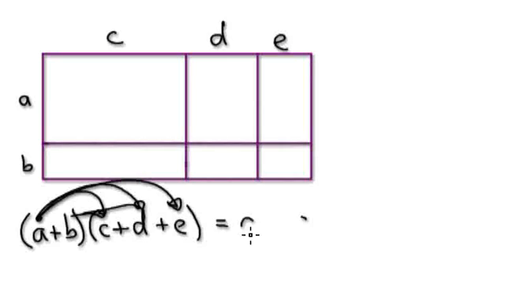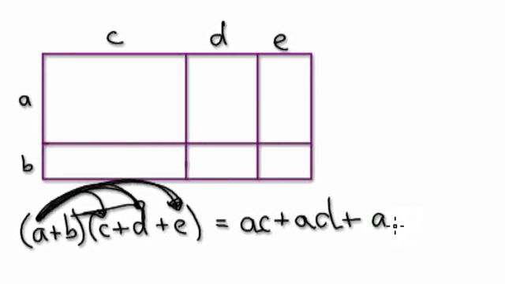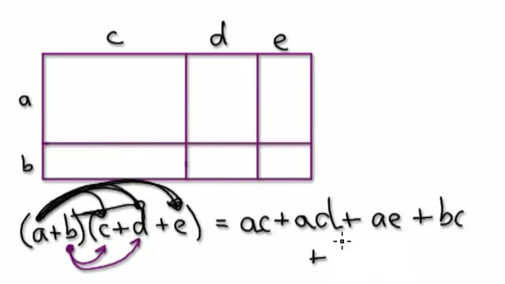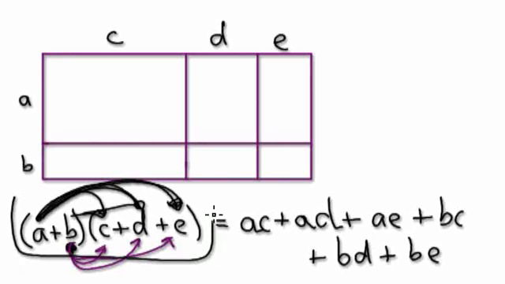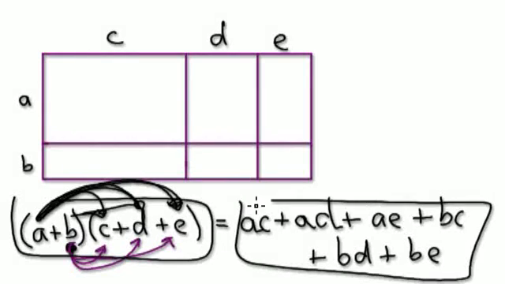So it will be AC plus AD plus AE, and then now do this: B times C, which is BC, plus B times D, which is BD, and then plus B times E, which is BE. So this thing here is the same as this thing here.